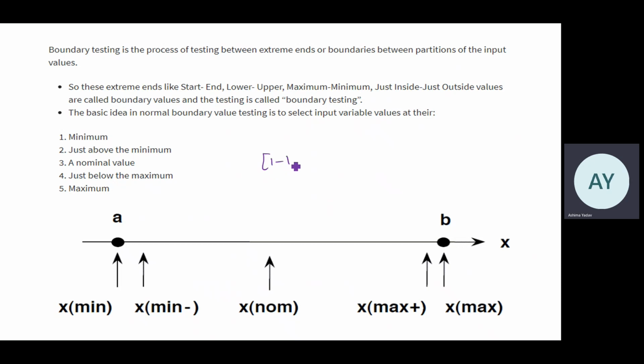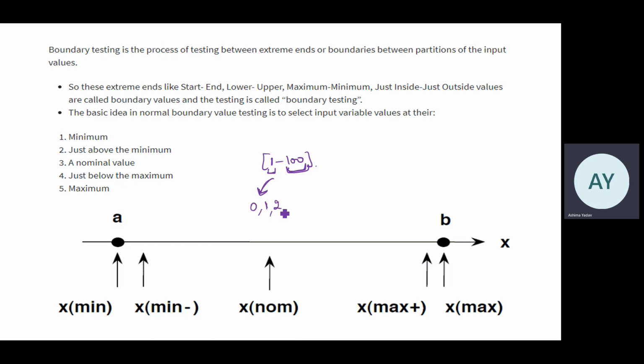So let's say if I have a number from 1 to 100, maybe the maximum error that I can have is under this boundary condition, from 1 to 100. So I will test my value for 0, maybe for 1, maybe for 2.